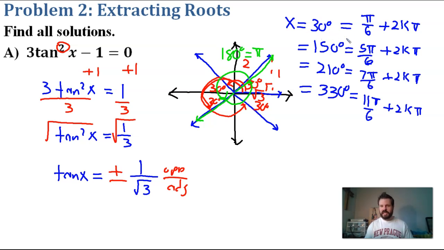So I can combine the pi over 6 and the 7 pi over 6 and rewrite that as x just equals pi over 6 plus, instead of 2k pi, just k pi, a half rotation. Because again, every time I add a half rotation, I'm going to get one of these two solutions.